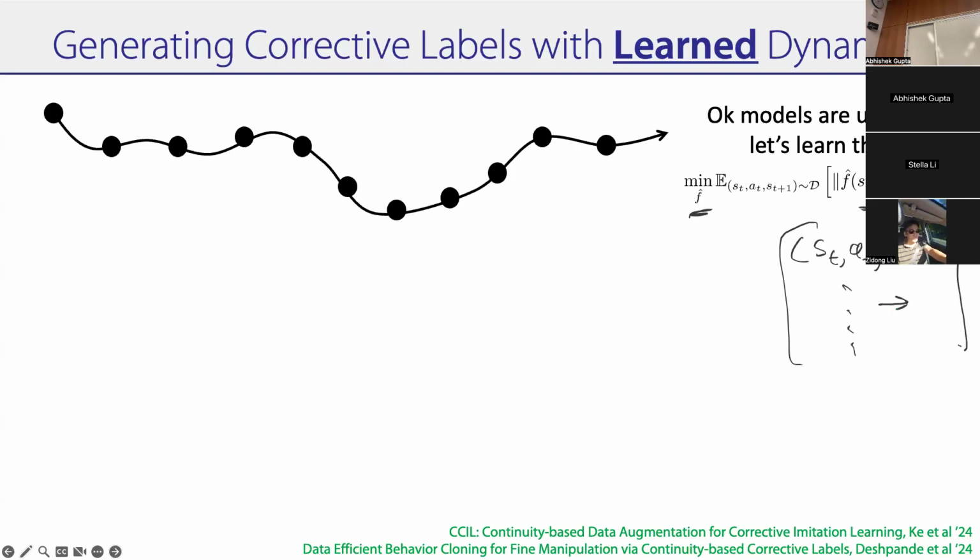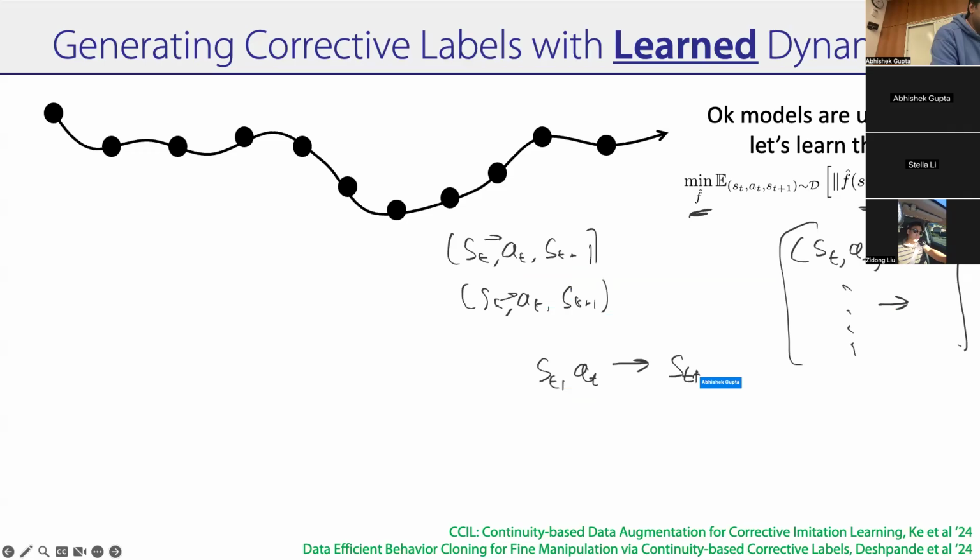You try to learn this from your behavior cloning data, which is essentially ST, AT, ST plus 1, ST, AT, ST plus 1. So far, we've just been trying to learn policies. We can also use the behavior cloning data to learn a dynamics model.